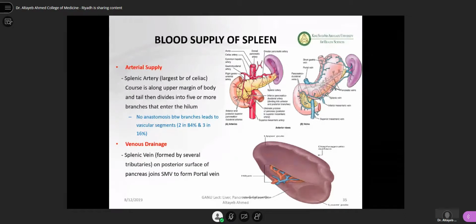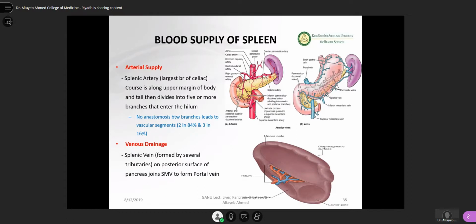When they get occluded by the sludge of sickle cell, the distal segment will be autosplenectomized, and by that the condition we call autosplenectomy. So the sickle cell disease patient after a while has no spleen, because thrombosis and infarction occurred.